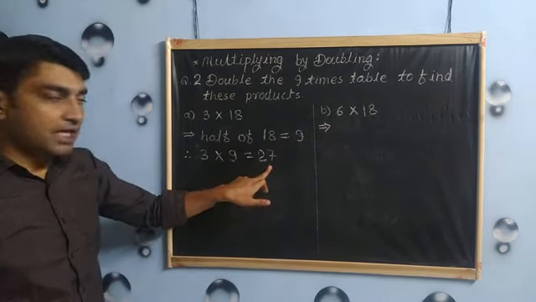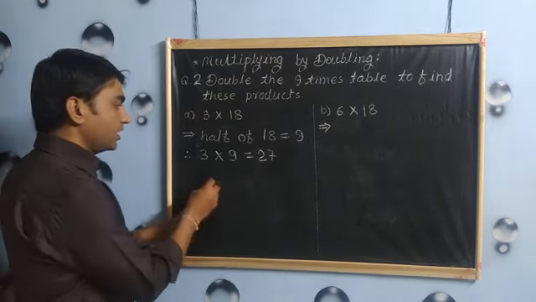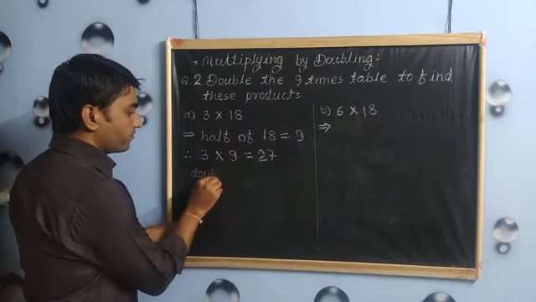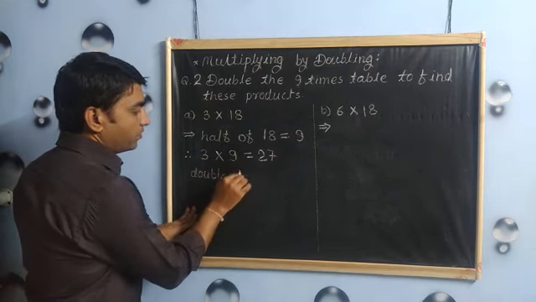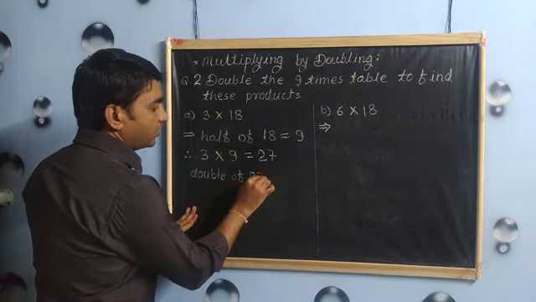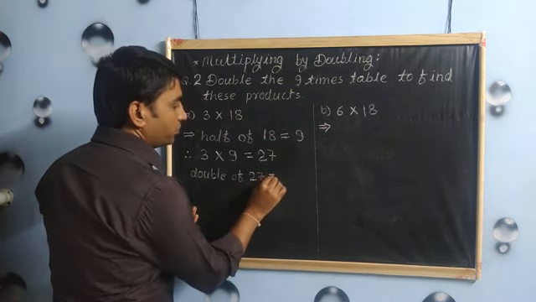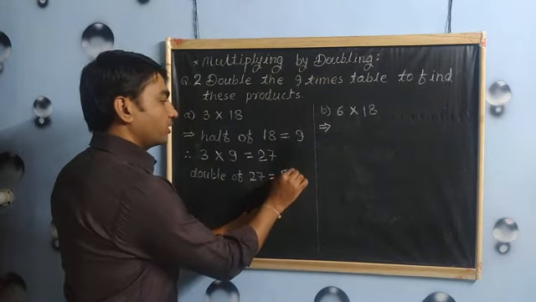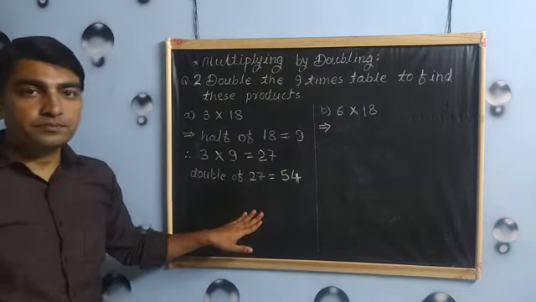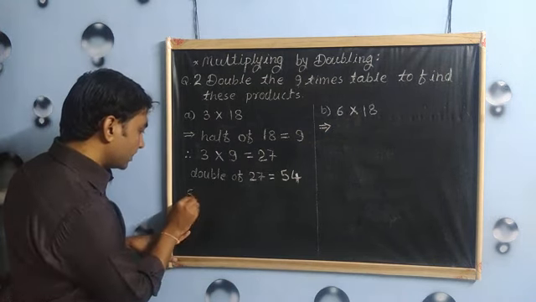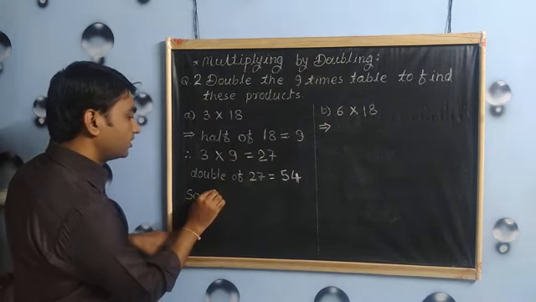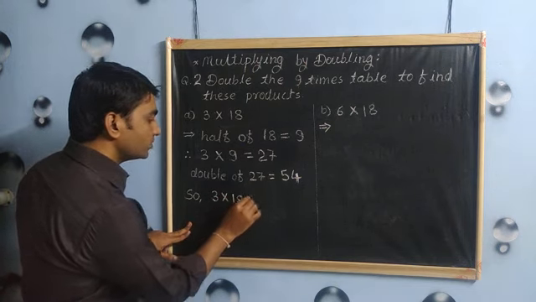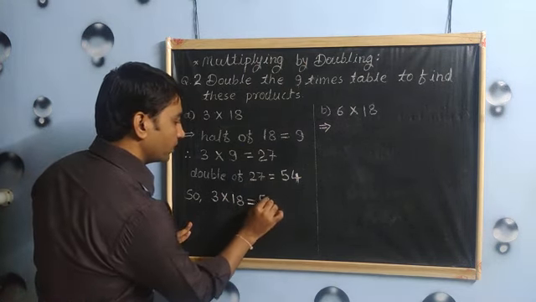Now double the answer to get our final answer. Double of 27 equals 27 plus 27, 54. So our final answer is 3 into 18 equals 54.